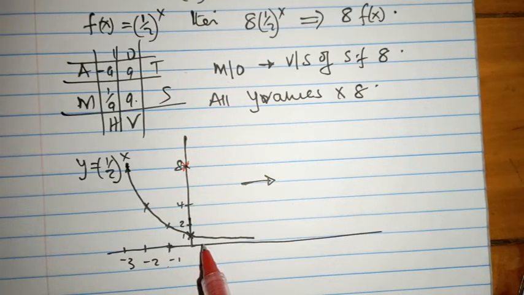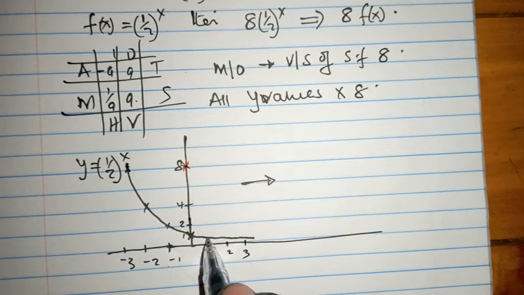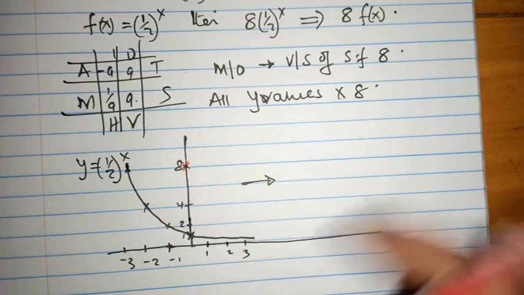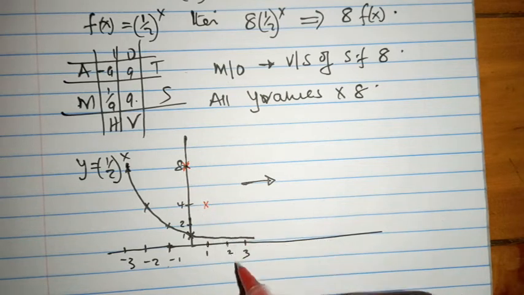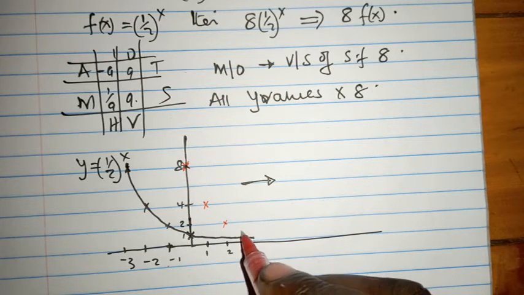Of course, a half times 8, when x is 1, then we are talking about a half. A half times 8 is obviously 4. That is coming there. A quarter times 8 is 2, is coming there. And an eighth times 8 is easily 1.